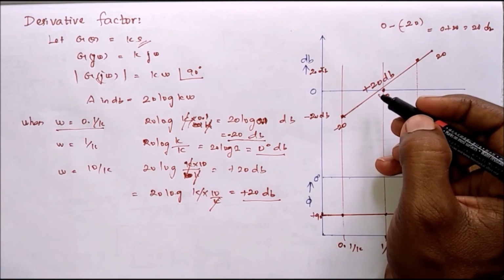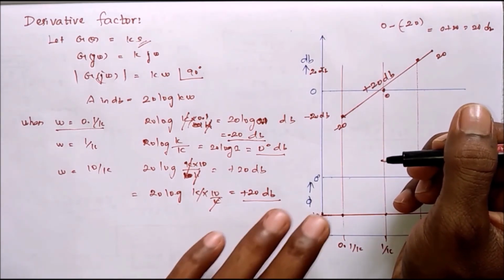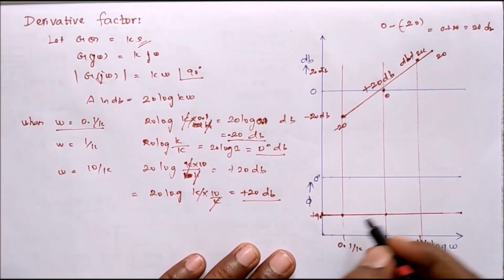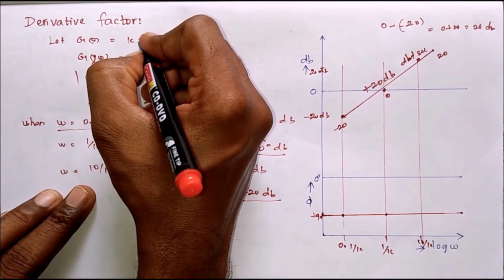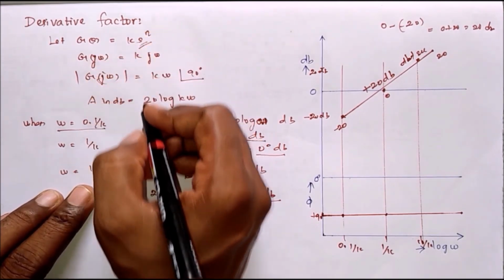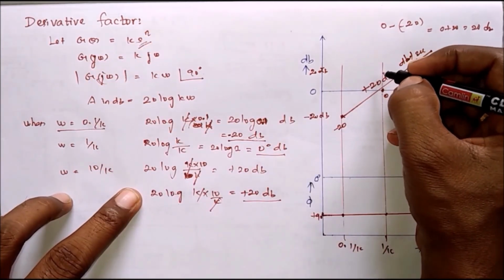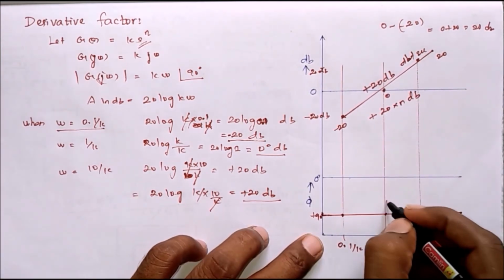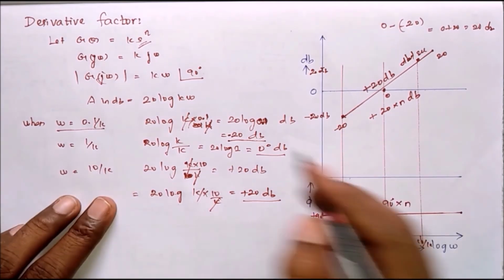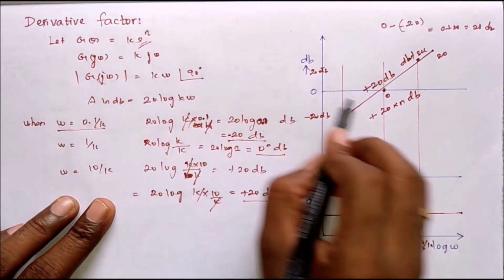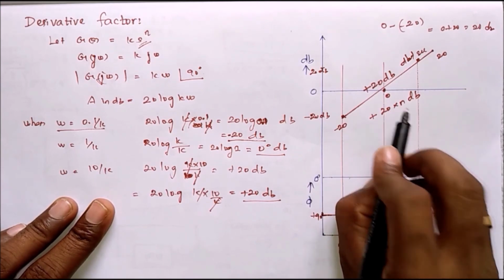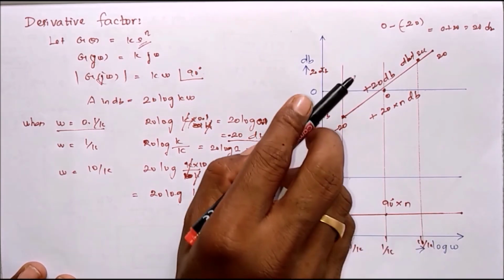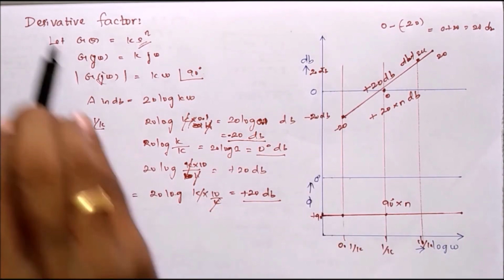Therefore here the slope is plus 20 decibel per decade. Next, the angle is always 90 degrees. When the power n comes, we have to multiply the slope with n, that is 20 into n decibel per decade, and multiply the angle with n, that is 90 degrees into n. So that's all about the structure of the Bode magnitude and phase plots for the derivative factor.